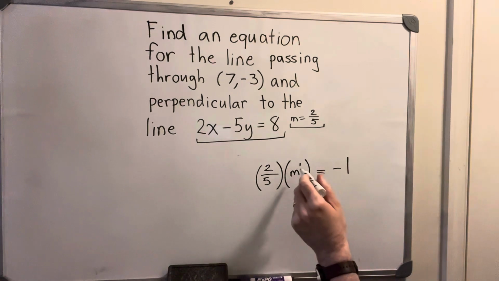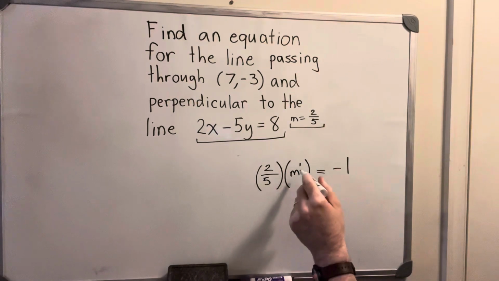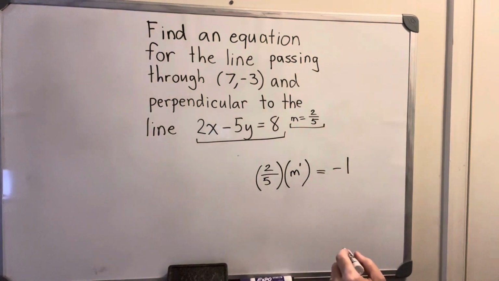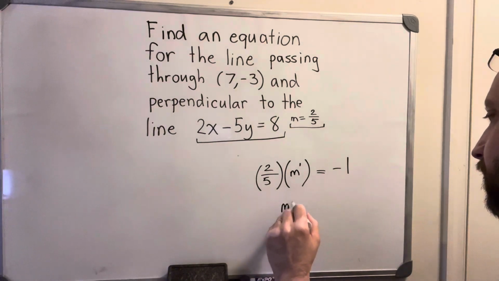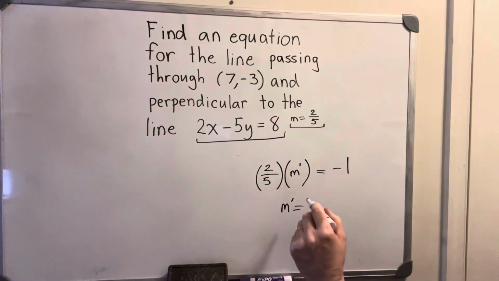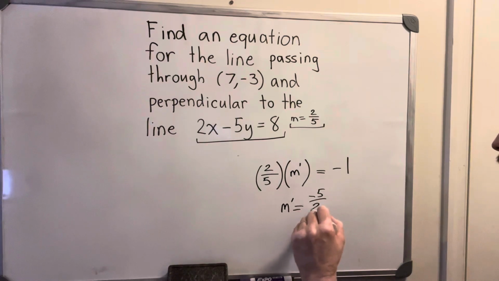So what does that mean that the slope of this line has to be? 2/5 times what is -1? In that case, the slope of the line is going to be -5/2.